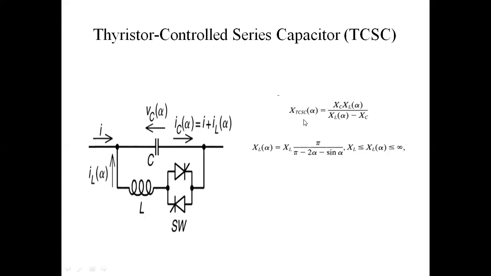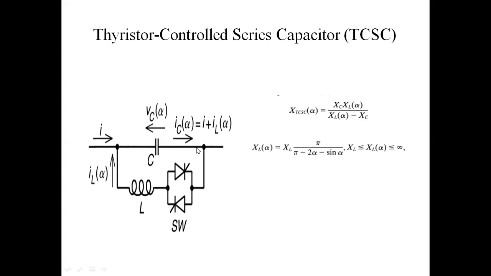This is the effective reactance in the transmission line, X_TCSC of alpha, the reactance of the Thyristor-Controlled Series Capacitor. These two are like a parallel resonance circuit: X_C times X_L of alpha divided by X_L of alpha minus X_C.